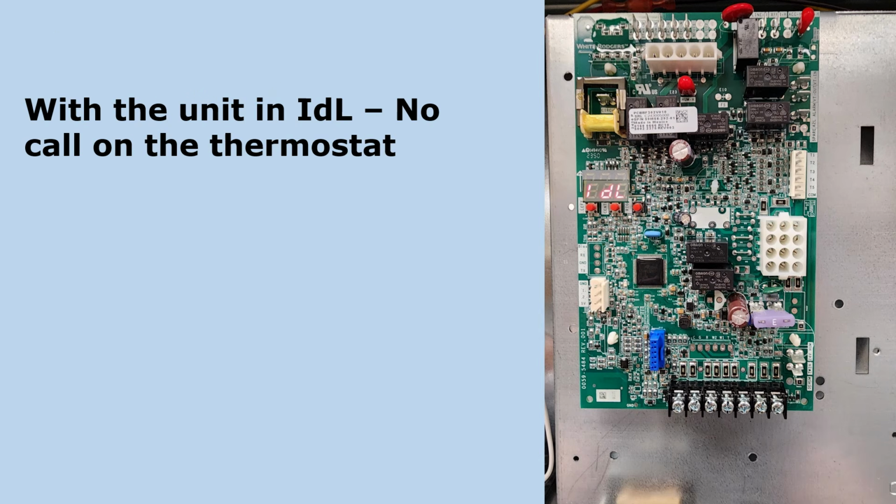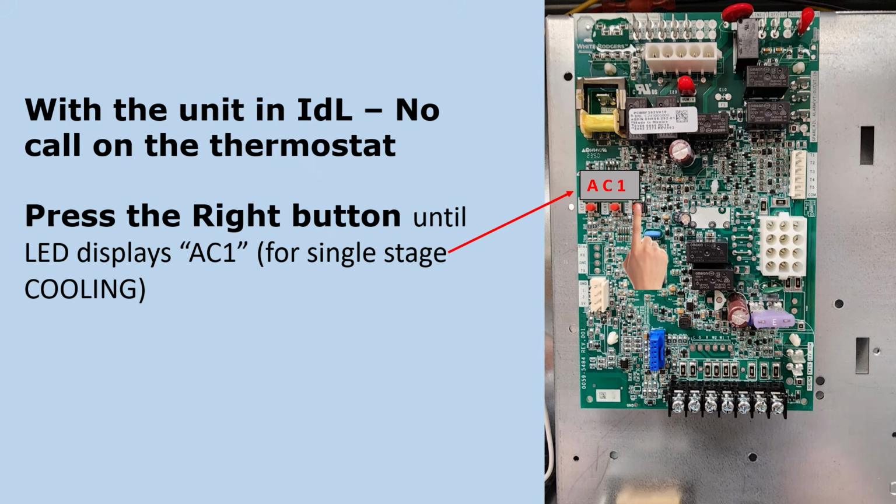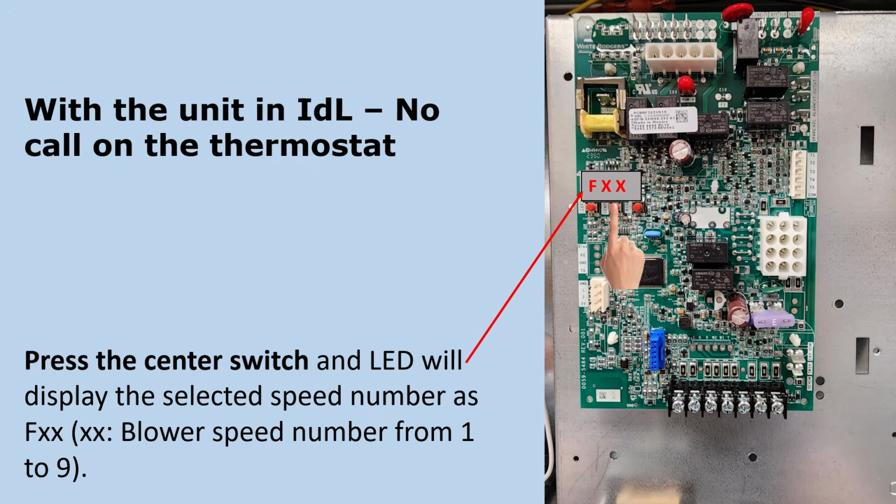And so with the unit in IDL, no call on the thermostat, press the right button until the LED displays AC1 for single stage cooling. Press the center switch and the LED will display the selected speed number as FXX, and the XX is going to be for blower speed numbers from 1 to 9; when you select them, it will be 01, 02. I think you get it.